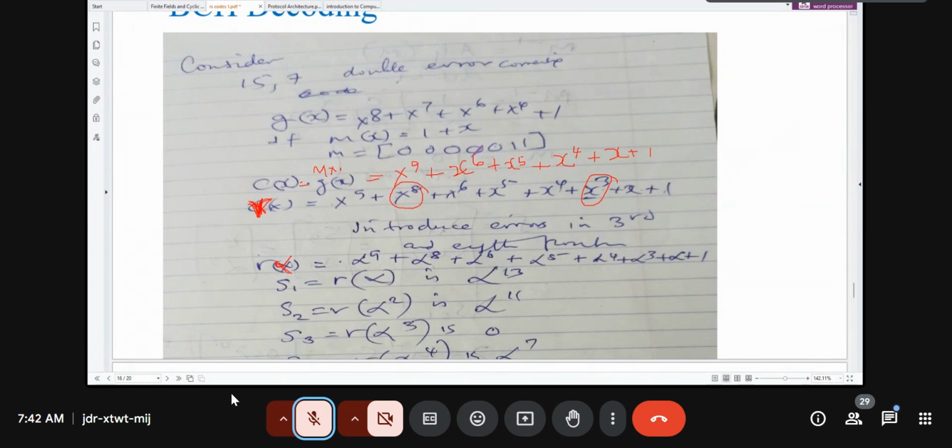If you try to calculate this one, it will work out to 0. I think we have to go back to these fields. I think I did it in another page.